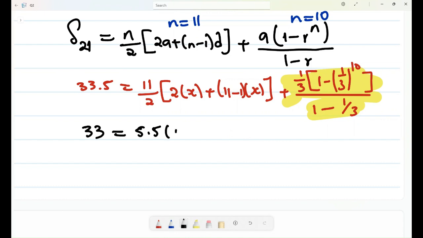You all agree with me? 5.5 multiplied by 12 is 66. So I'm having 33 equal to 66x. Therefore, the value of x is 33 divided by 66, which is the same as 3 divided by 6, which is in this case, half.